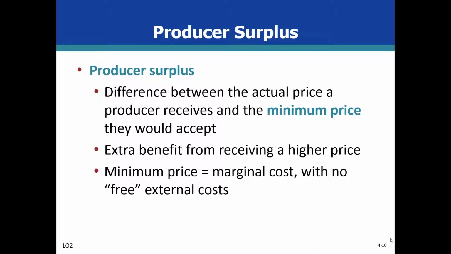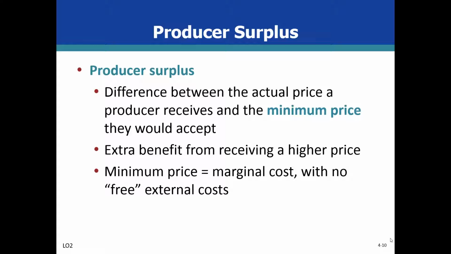The minimum acceptable price equals the marginal cost of land, labor, capital, and entrepreneurship required to produce the unit. It also assumes that all the costs are included, and there are no free external costs, such as polluting the air and water without paying for it.